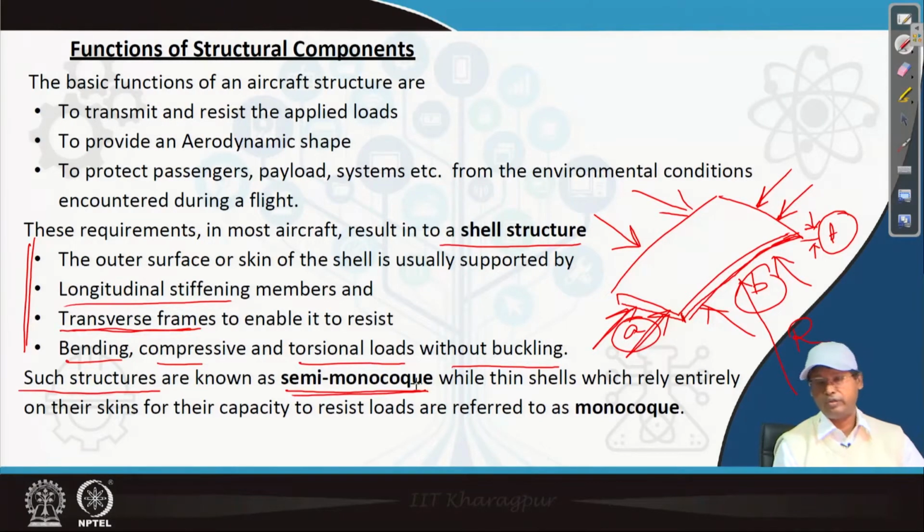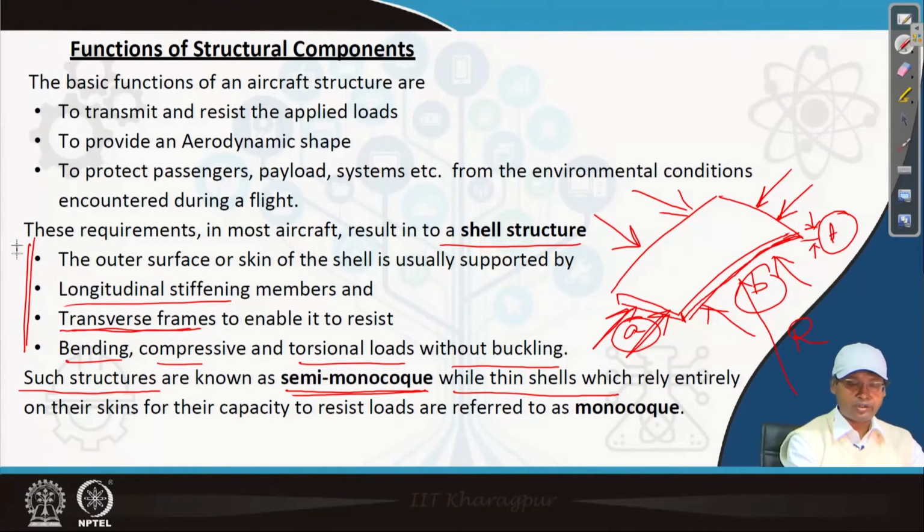If we look at all the aircraft structures nowadays, they are semi-monocoque structures, while thin shells which rely entirely on their skin for their capacity to resist load are referred to as monocoque structures.